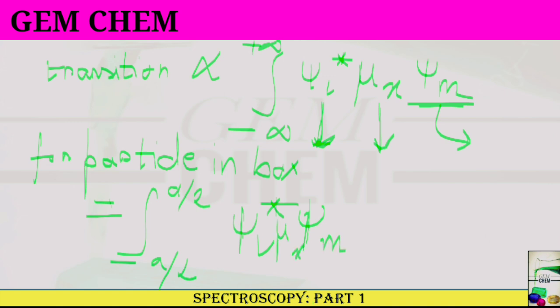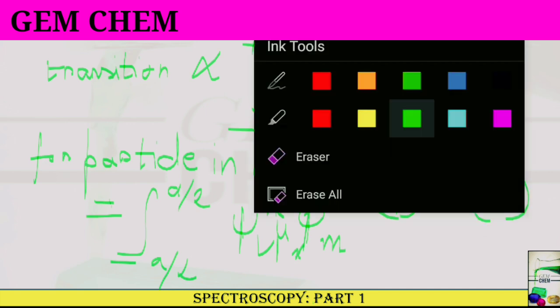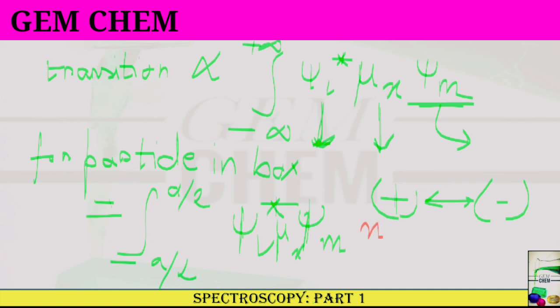Allowed transition will be from plus to minus only. N for your emission purpose, n can be from 1 to your 2, 4, 6. This is for emission.